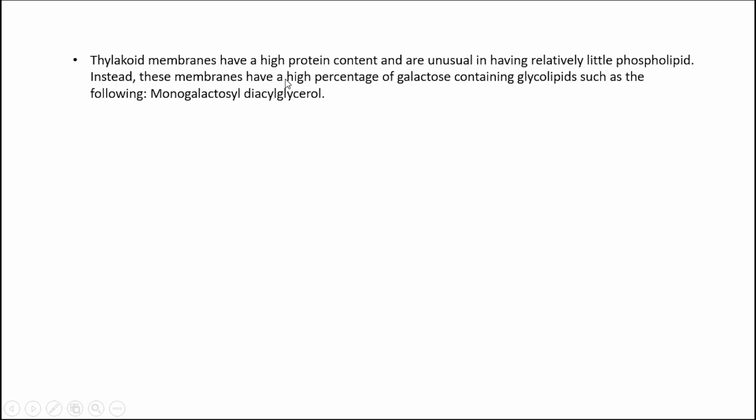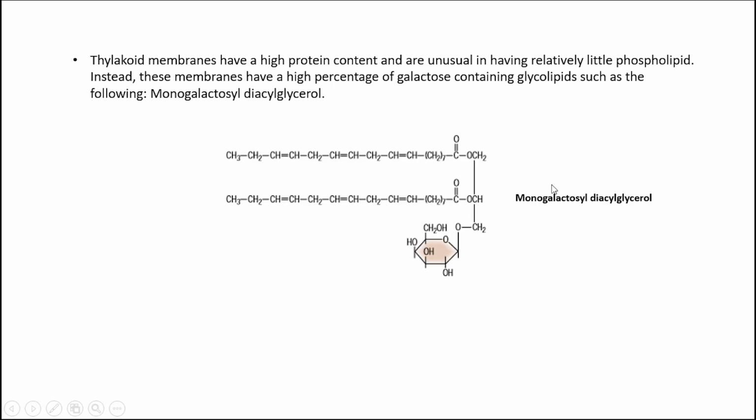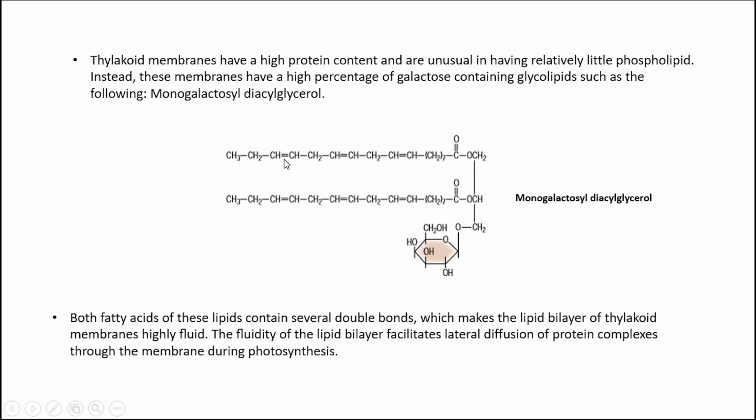Instead, these membranes have a high percentage of galactose-containing glycolipids such as the following: monogalactosyl diacylglycerol. Both fatty acids of these lipids contain several double bonds, which makes the lipid bilayer of thylakoid membranes highly fluid. The fluidity of the lipid bilayer facilitates lateral diffusion of protein complexes through the membrane during photosynthesis.